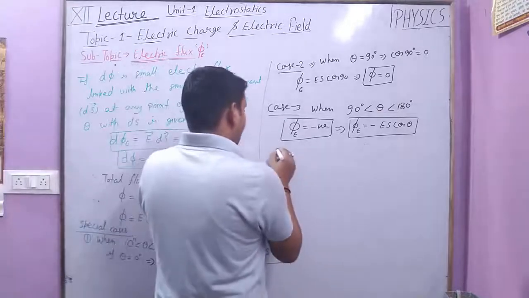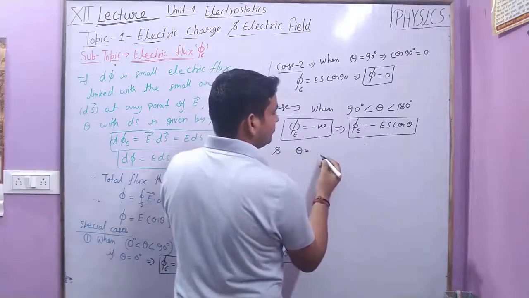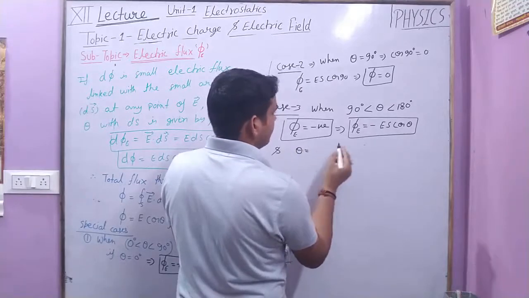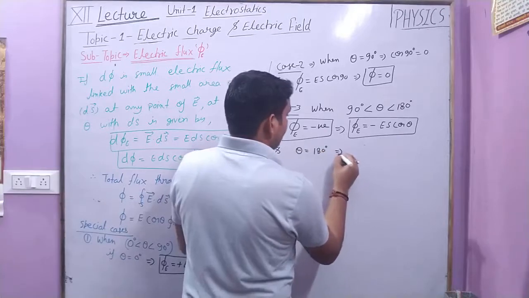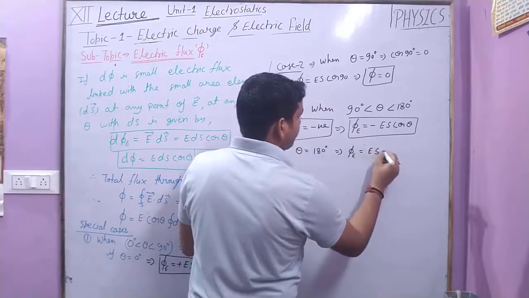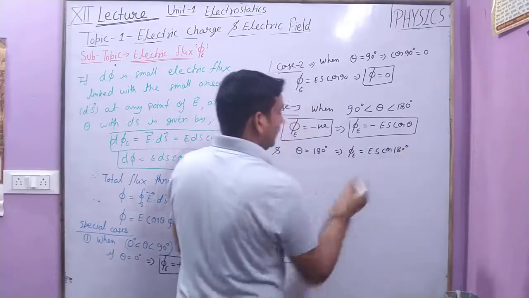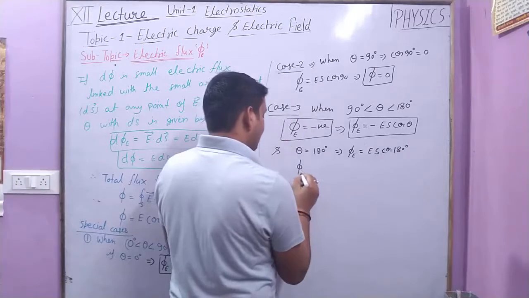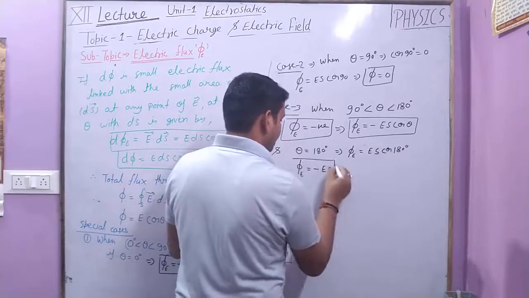Okay, and for theta is equal to 180 degree, from phi equal to Es cos 180 degree, we get phi is equal to negative Es.